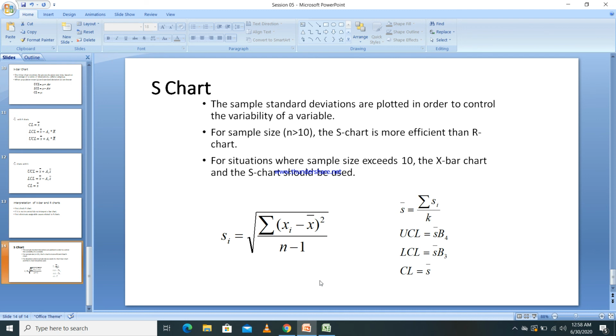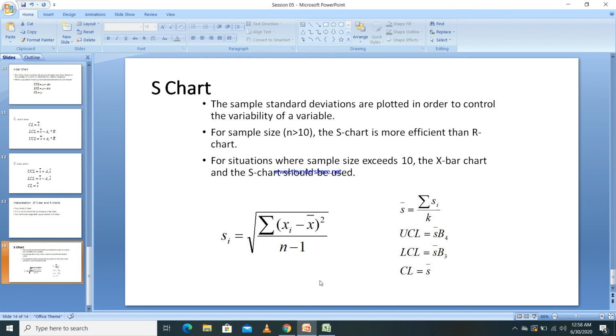Now why we use the S chart instead of the R chart is in order to control the variability of the variable, right? If the sample size is greater than 10, the S chart is more effective than the R chart.